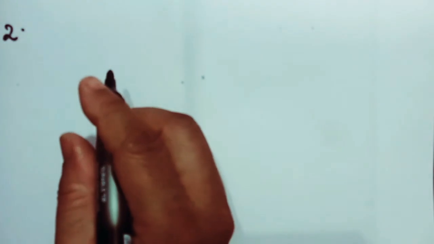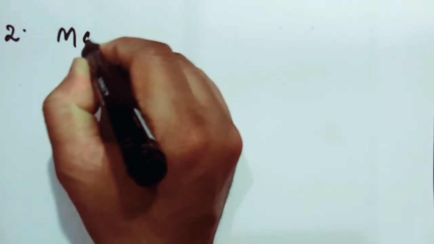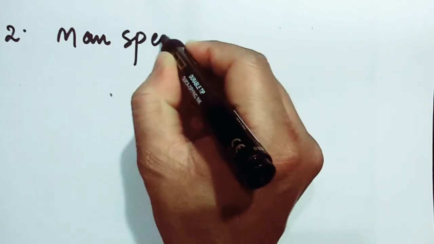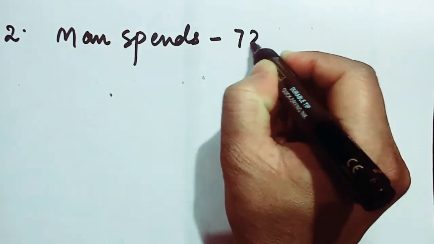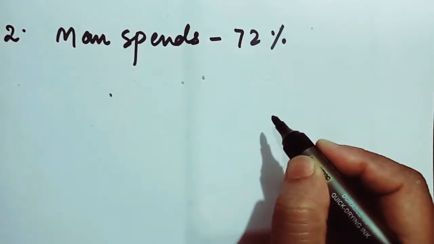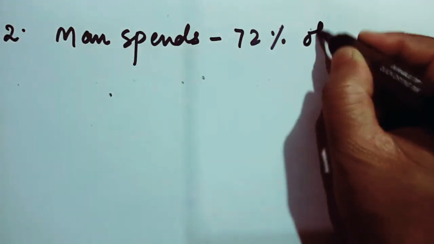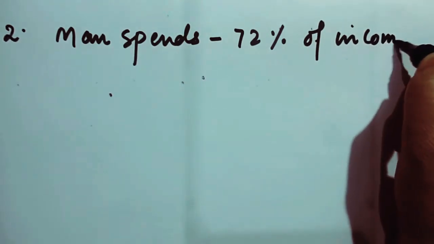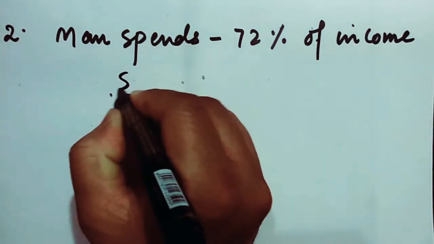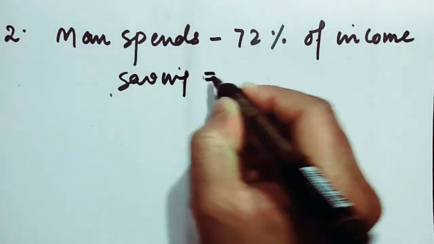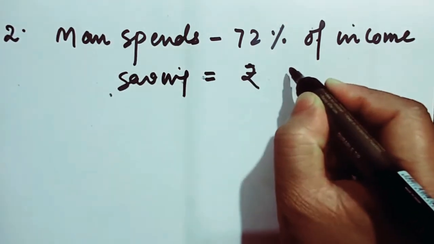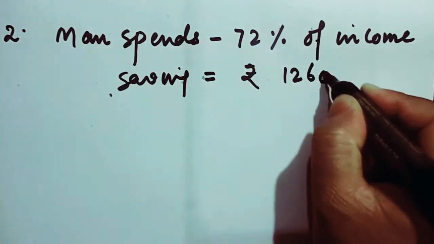In number 2, they say that every month a man spends 72% of his income and saves, and his saving is equal to rupees 12,600.